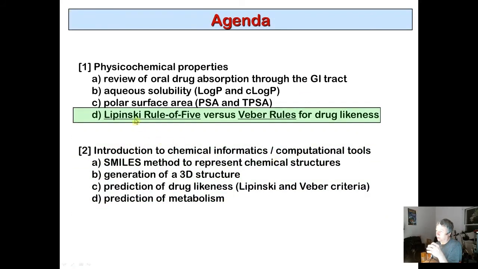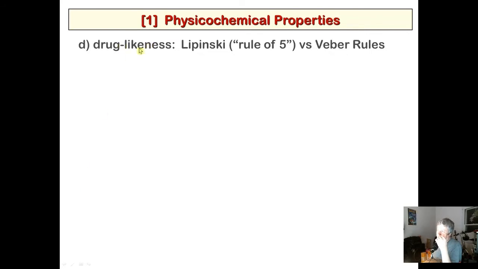Okay, let's talk about the Lipinski rule of 5 versus the Weber rules for drug likeness. What does drug likeness sound like? If we're considering a molecule, we could ask, is this a drug-like molecule or not? There's been a debate on how to make that decision.